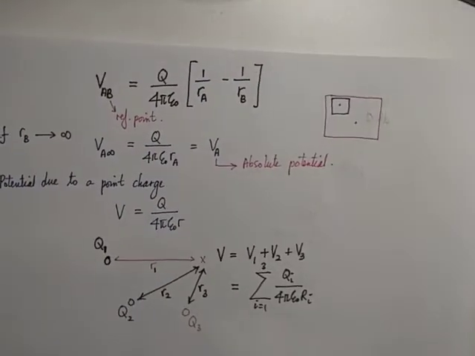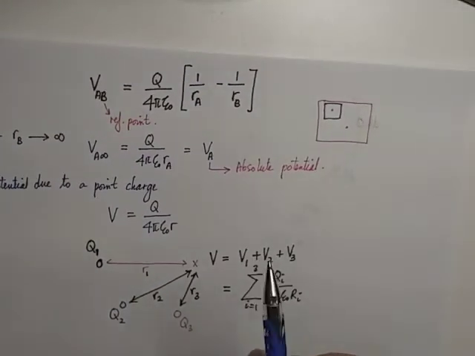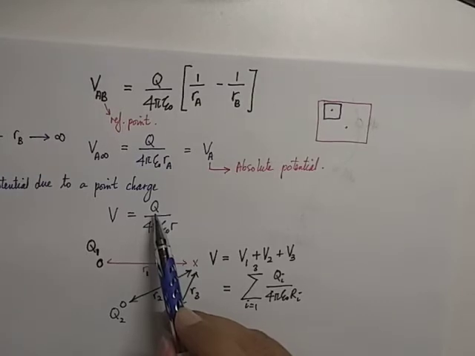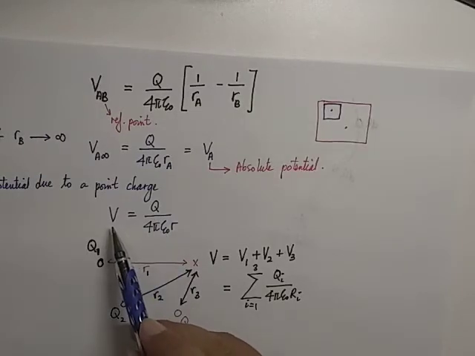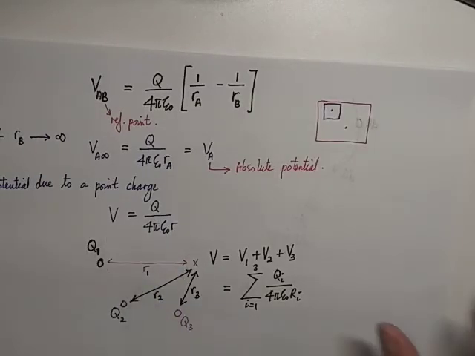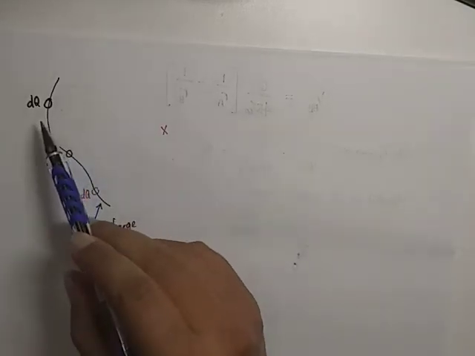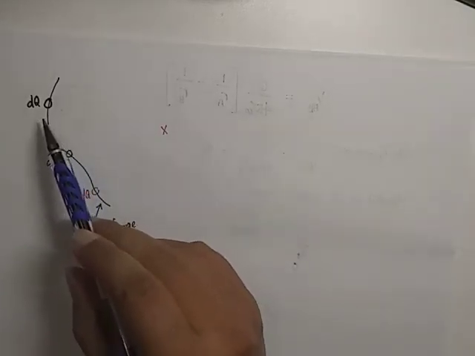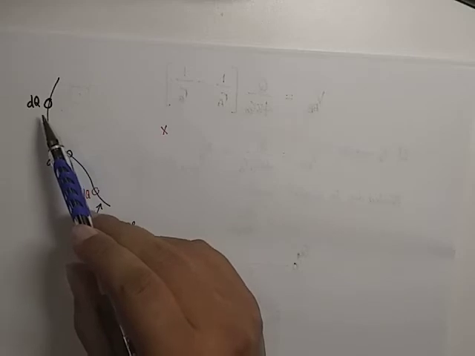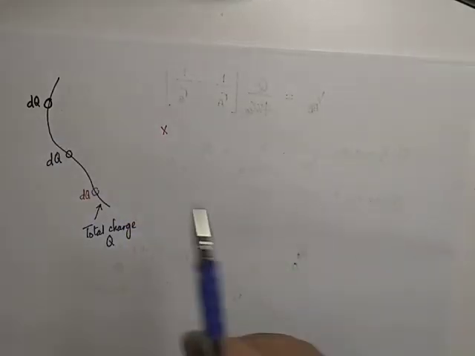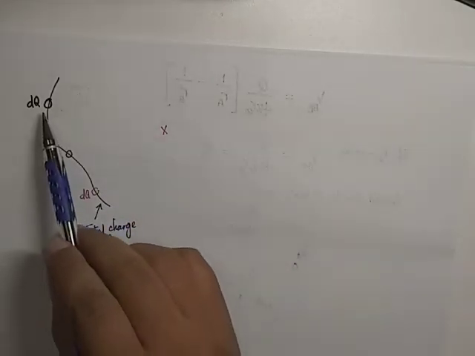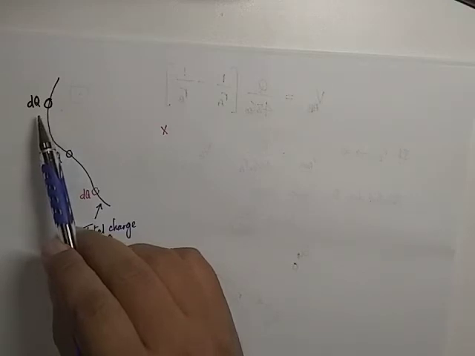Remember just now, when we have a point charge Q, it produces V. So our sample now is acting as what? As a point charge, but the magnitude of this point charge is dq.